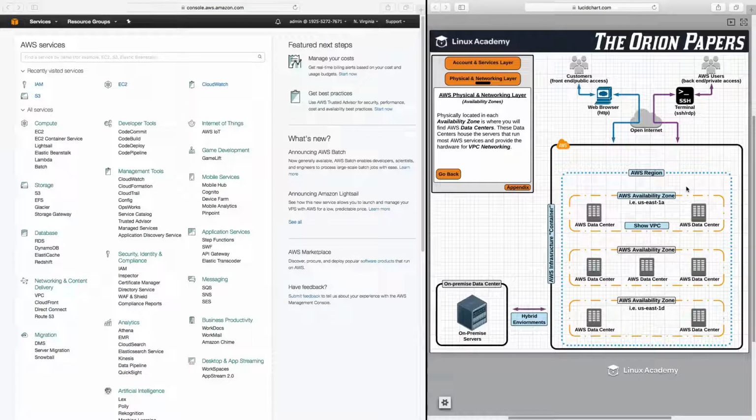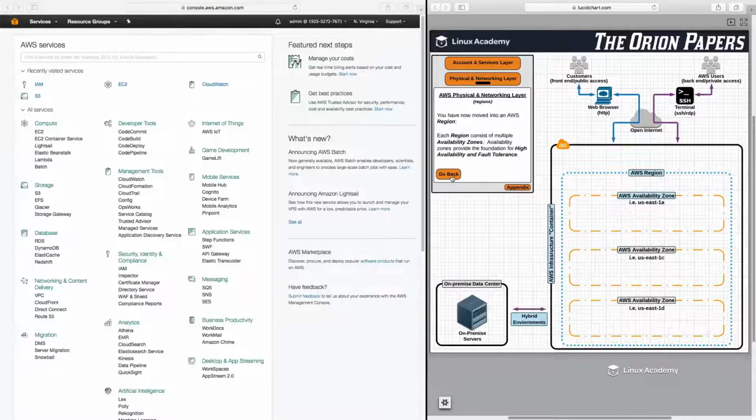So it's just very important to understand how AWS is physically set up around the world because it is the foundation of how AWS infrastructure allows you as a solutions architect to build highly available and fault-tolerant systems.